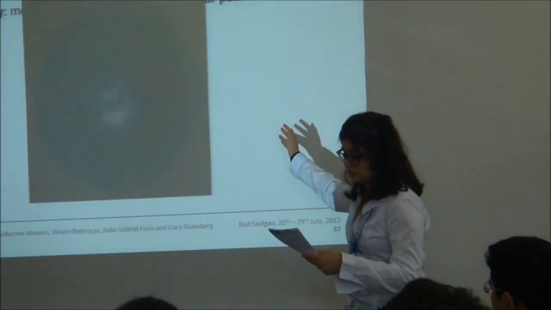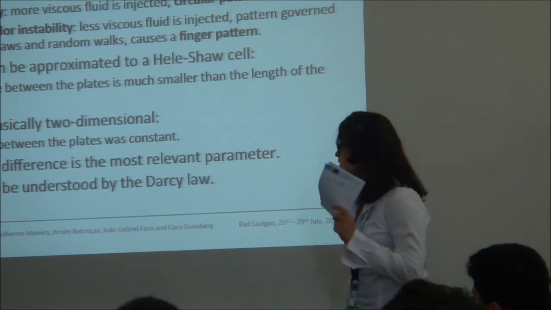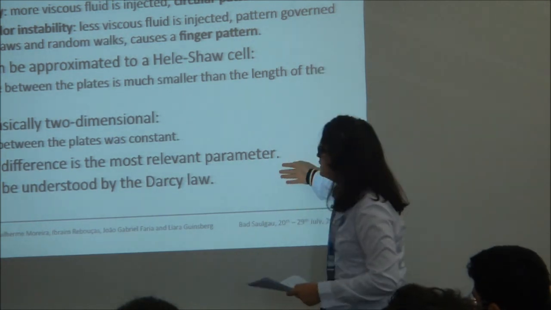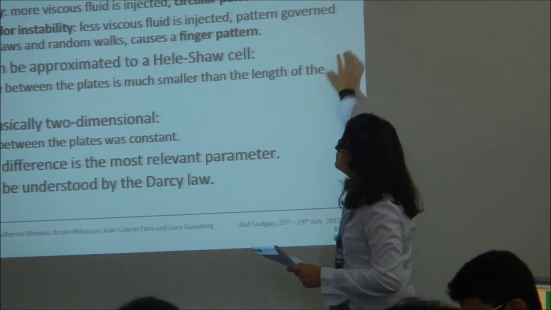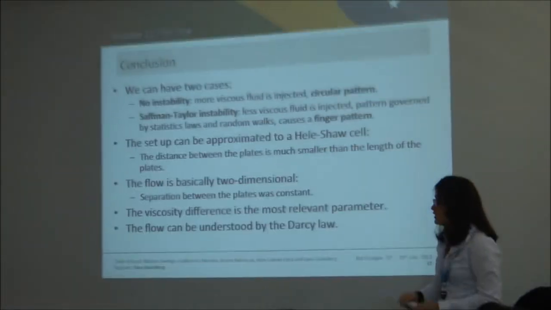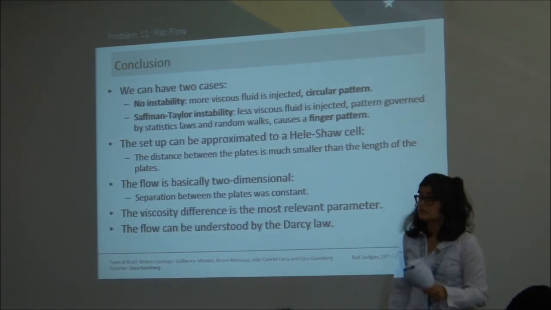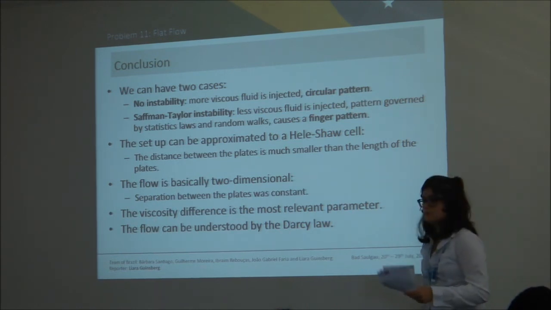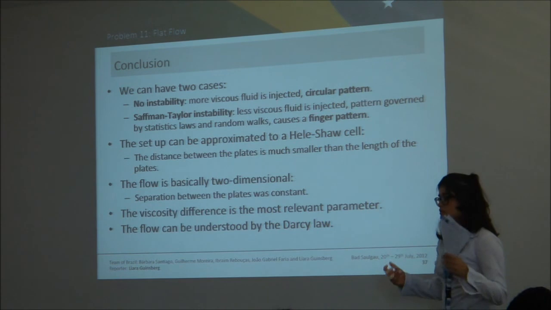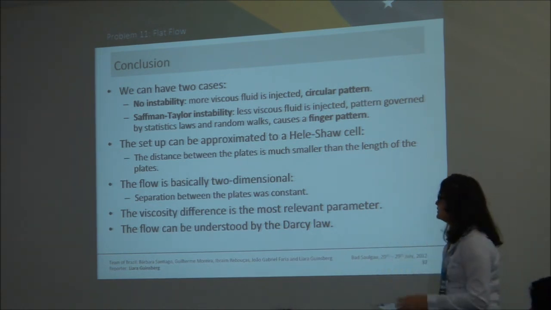The problem says to analyze the pattern. Yes, I did analyze it, and I made some conclusions on the cases and the relevant parameters. As for the flow rate that the reviewer and the opponent talked about, it could not be measured with our experimental setup because it was too difficult, since the instability varies, so the flow rate also varies.